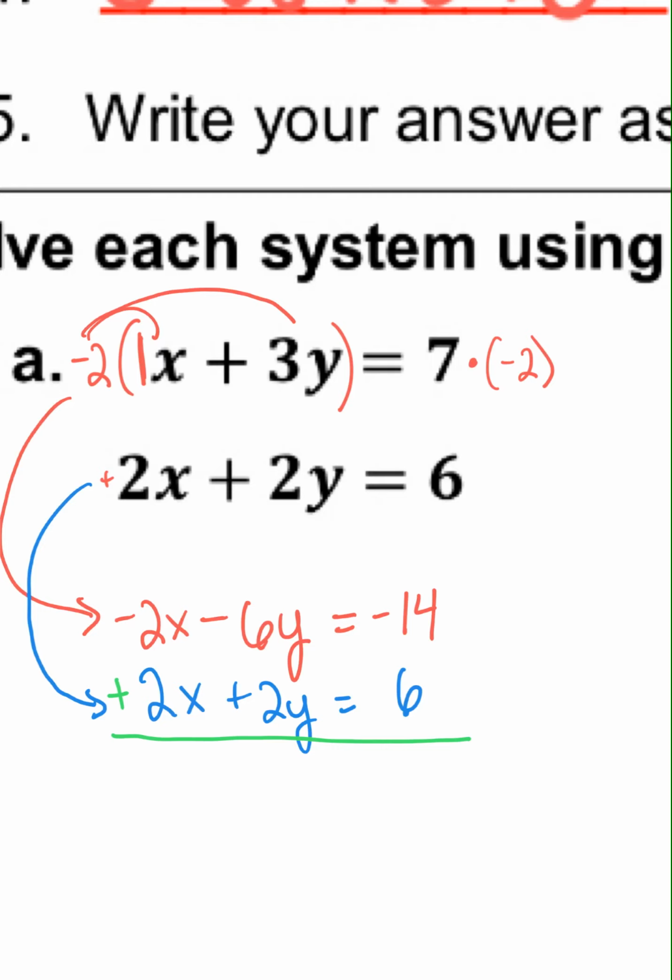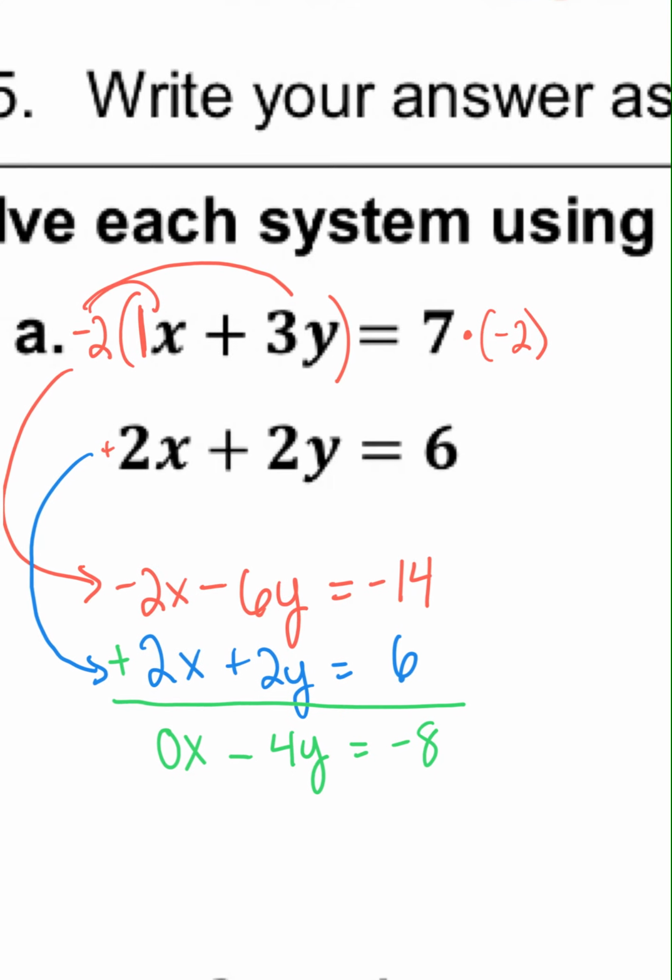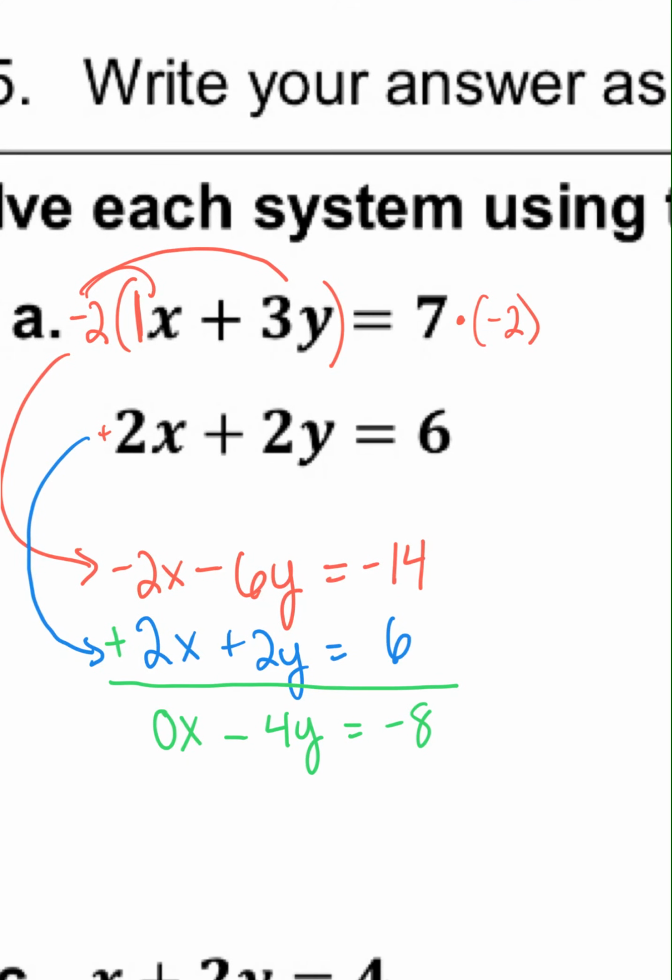So negative 2x plus 2x, that gives me 0x. And then negative 6y plus 2y gives me negative 4y, equals negative 14 plus 6, it's negative 8. And I do see a 0x, which means I did my job, and that 0x does cancel out.